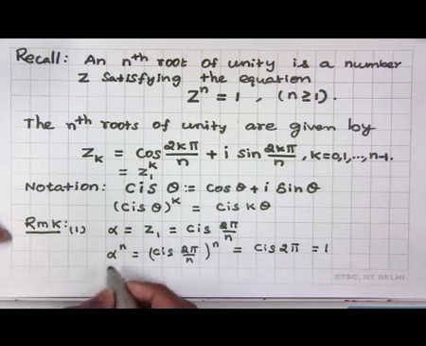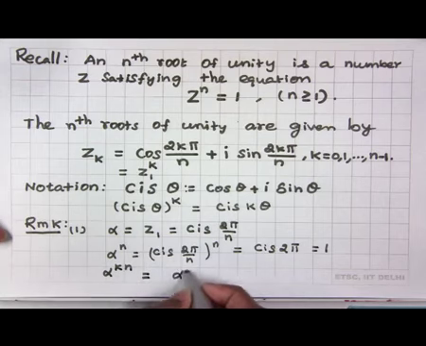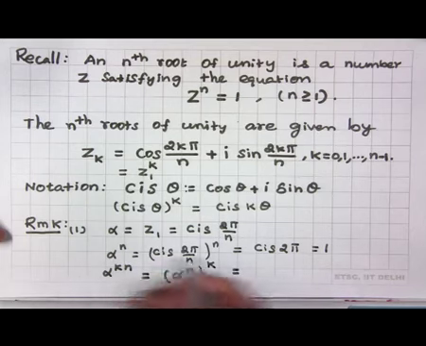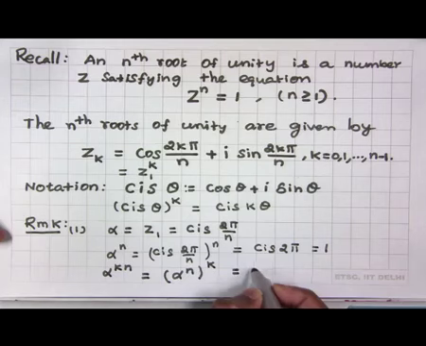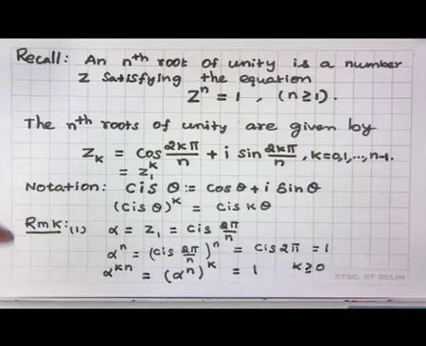And if we raise alpha power k n, this can be written as alpha power n to the whole power k, and by the above observation this is again 1 for k greater than or equal to 0.